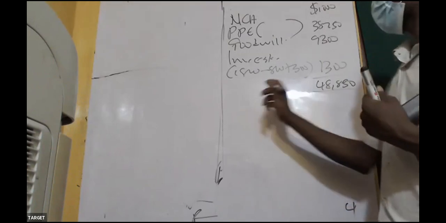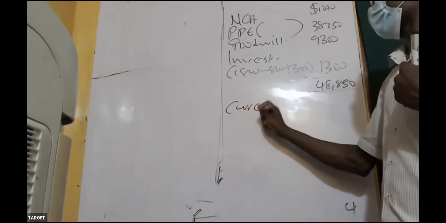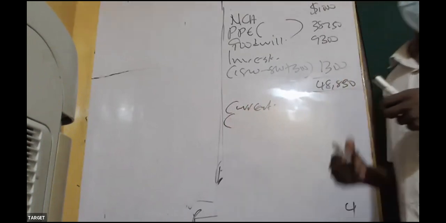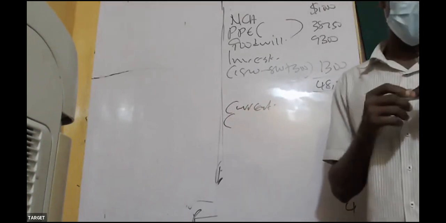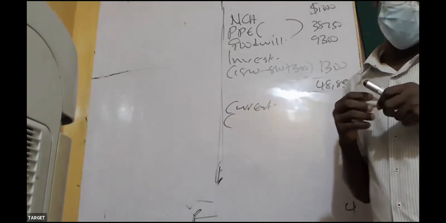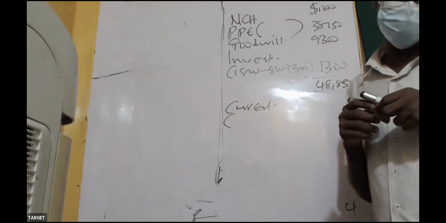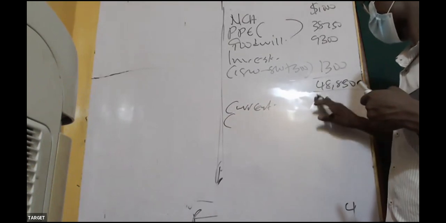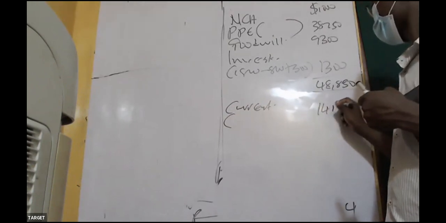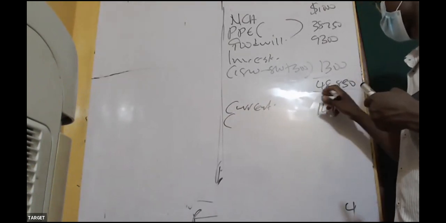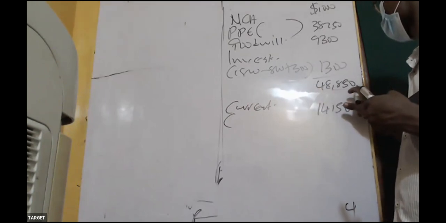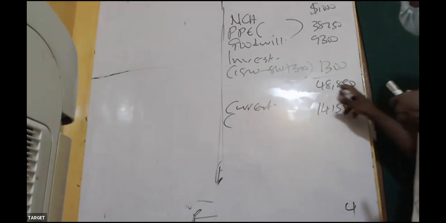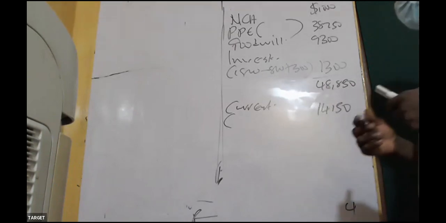Now let's go to current assets. You open a bracket: parent owned, subsidiaries owned. After putting everything together, we had 14,150. So that 14,150 is my current assets.